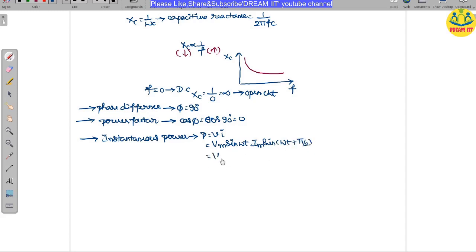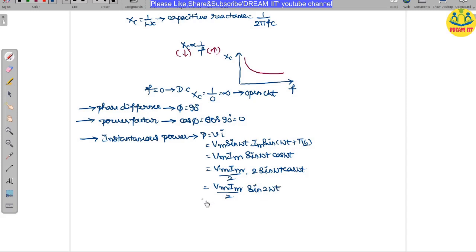So we can write Vm Im sin omega t cos omega t. Multiply and divide by 2, that is Vm Im by 2 into 2 sin omega t cos omega t. So we can write Vm Im by 2 into sin 2 omega t.